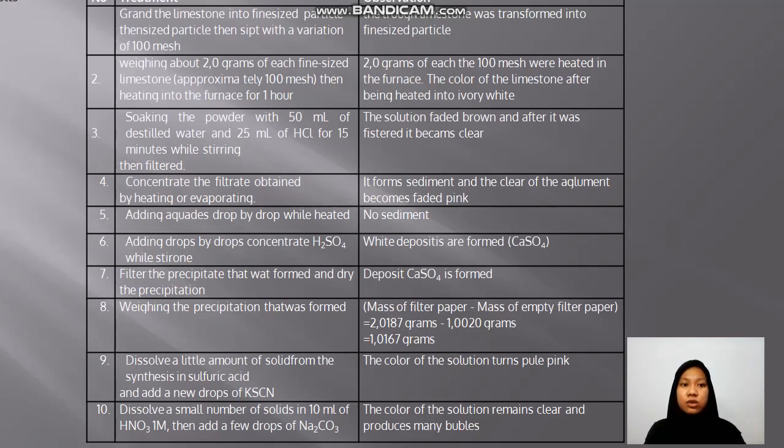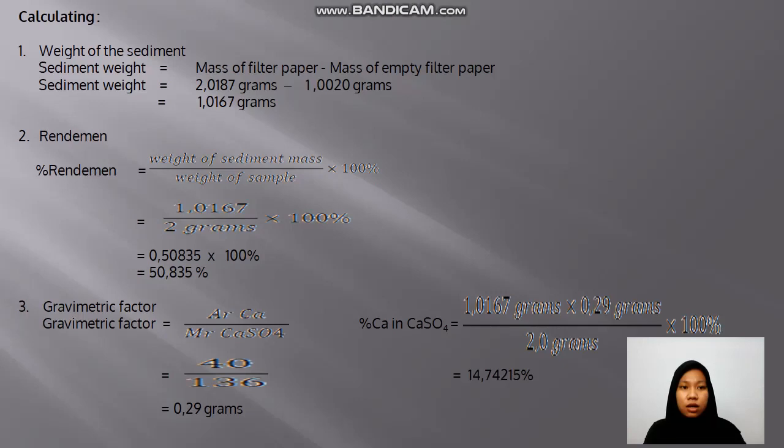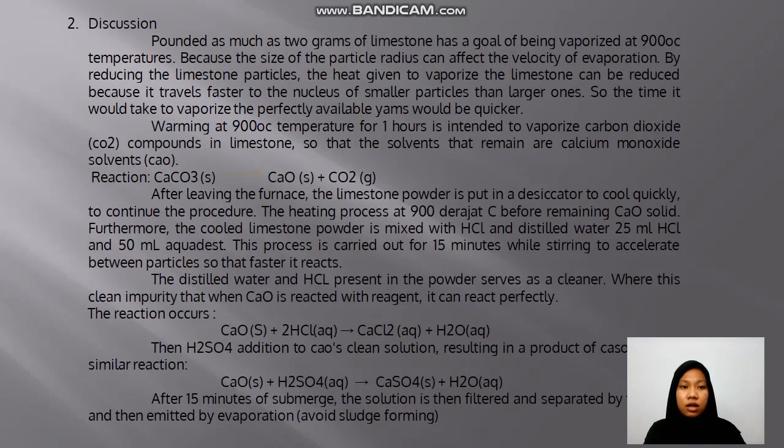Finish. Next, result and discuss result calculation. Next, discussion. Crushing 2 grams of limestone has the goal of being vaporized at 900 degrees centigrade because the size of the particle radius can affect the velocity of evaporation.